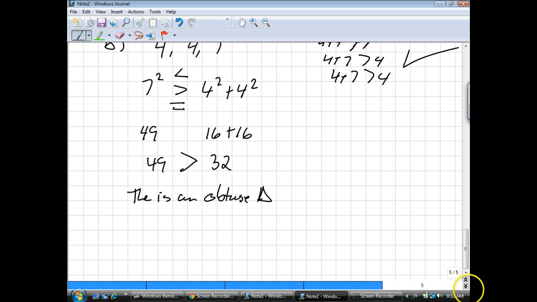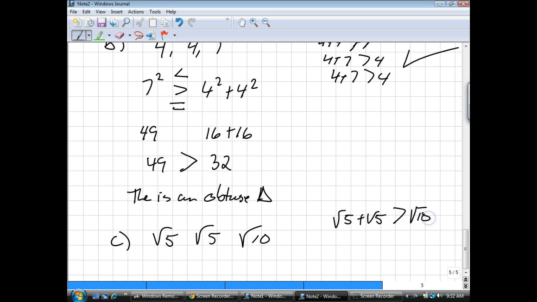Okay. Let's try one more. So if I have square root 5, square root 5, and square root 10, okay, so square root 5 plus square root 5 is greater than square root 10, and square root 5 plus square root 10 is greater than square root 5.